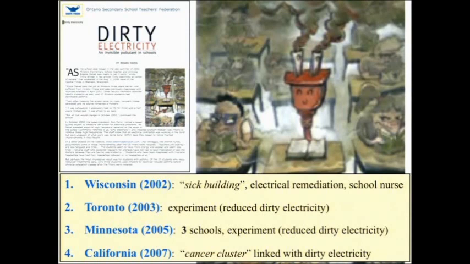And so they spent the summer cleaning up the school because the teachers' union was going to file a lawsuit against the school board. They had been complaining for years, nothing happened, and they were finally going to file a lawsuit. And so the school took it seriously. They spent hundreds of thousands of dollars cleaning up the school. Teachers and students came back in September, and by October they were sick. So whatever they had cleaned up was not the cause of the sick building syndrome.